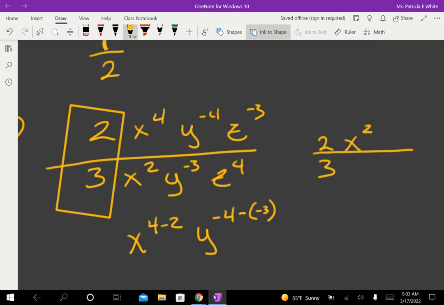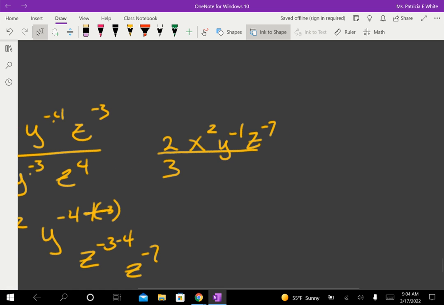We're subtracting, and it's negative 4 minus negative 3, so that's going to give me plus 3. So I've got y to the negative 1. Then there's z to the negative 3 minus 4. Same sign, add those numbers, keep that sign: z to the negative 7.